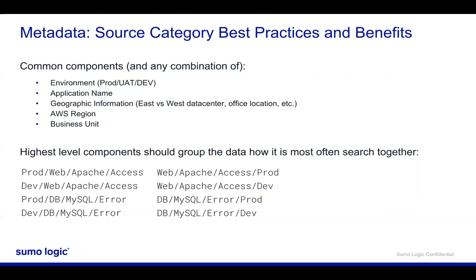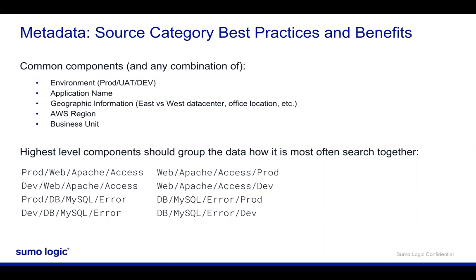Application name is certainly a very common one. So the my app 1 versus my app 2, do you want to distinguish that? Probably, so that would be one that might make sense for you. The geographic information. So do you want to distinguish your East Coast data from your West Coast data, or your New York data from your Chicago data? Once again, maybe, maybe not, but if you do, then a component of geographic information might make sense.